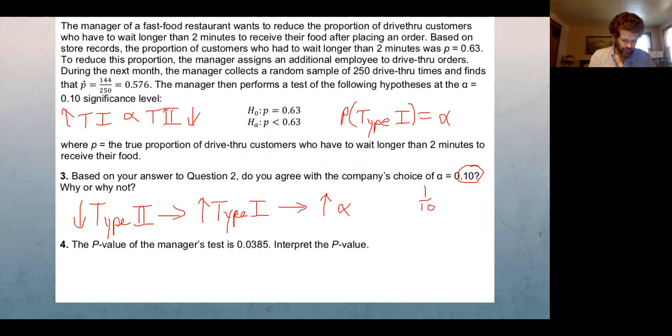Okay, the last little bit, the p-value of the manager's test is 0.0385. Interpret the p-value. So here's how we would interpret this. I'm just going to run through this part.